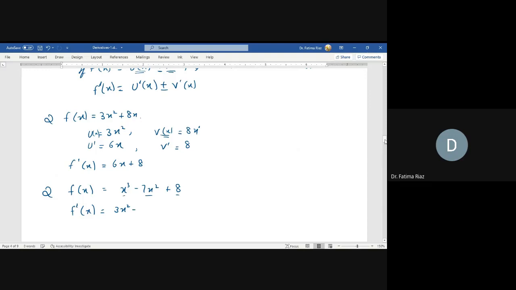That will become minus, from the question, 7 into 2 is 14x power 1, because 2 minus 1 is 1, and we know that the derivative of a constant is 0. So f prime x is equals to 3x square minus 14x. That will be your answer.